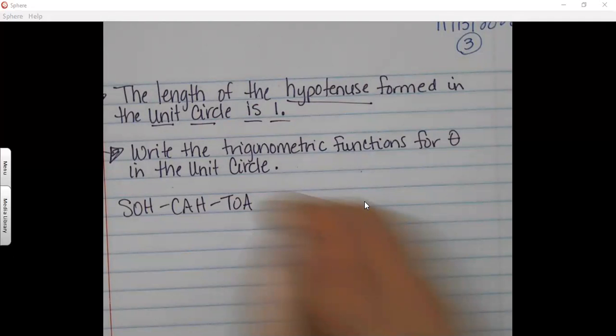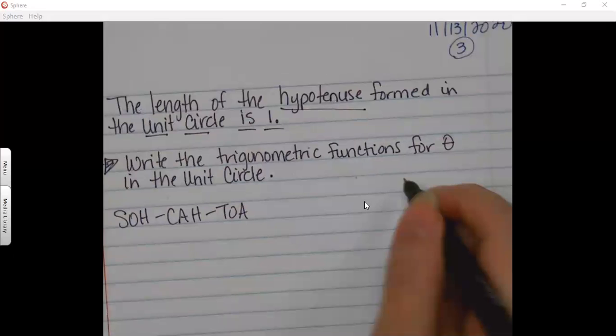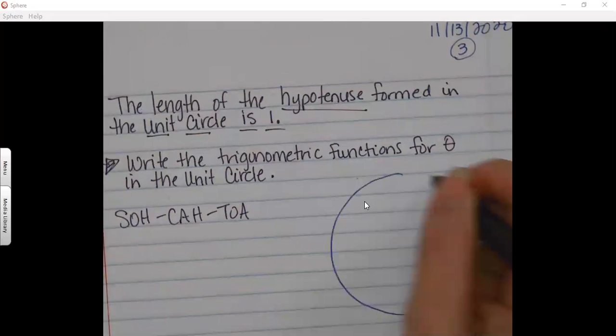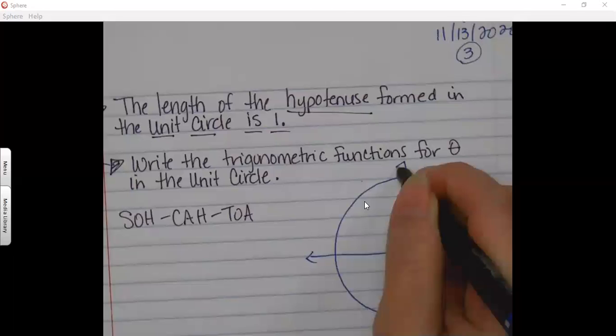And I'm going to draw a small unit circle over here on the right with my x-axis and my y-axis. And I'm going to draw a terminal side somewhere in the first quadrant.